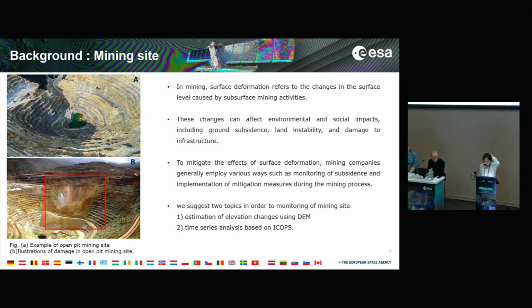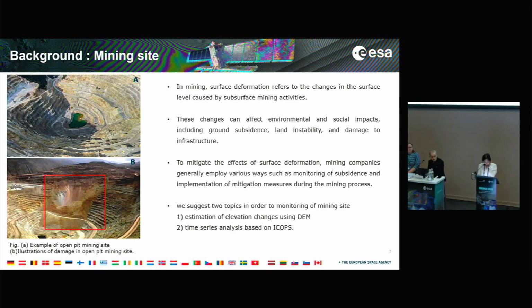Mining surface deformation refers to changes in the surface level caused by subsurface mining activities. These changes can have environmental and social impacts, including ground subsidence, land instability, and damage to infrastructure.